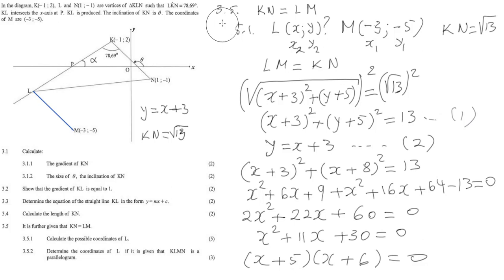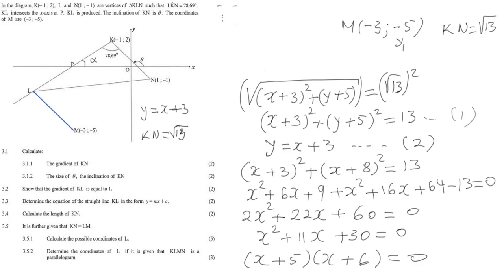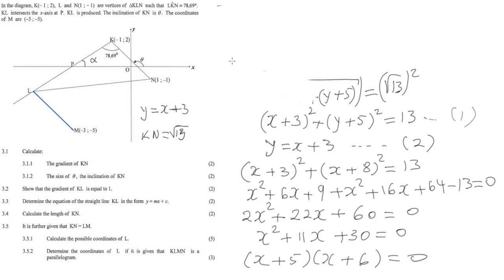Okay, let me remove this. What you can do, you can pause the question, write it down, and then continue further. So now we have x equal to minus 5, or x equal to negative 6.